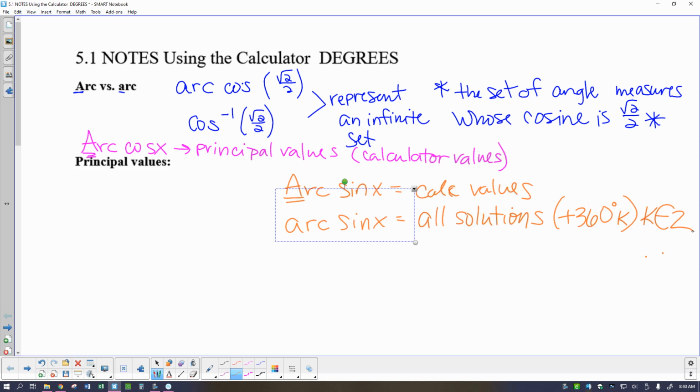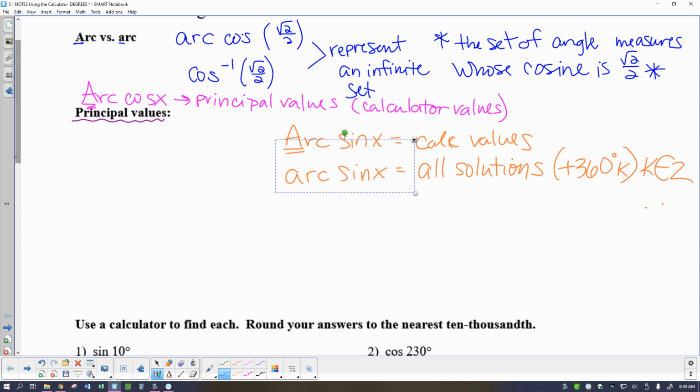Okay, so let's talk about our principal values then. What does that look like? I was just going to list a couple things for arc sine. What's really happening here is your calculator is telling you what the values are that make the inverse function an actual function. So it limits how high and how low it can go for the y values to keep it a function.